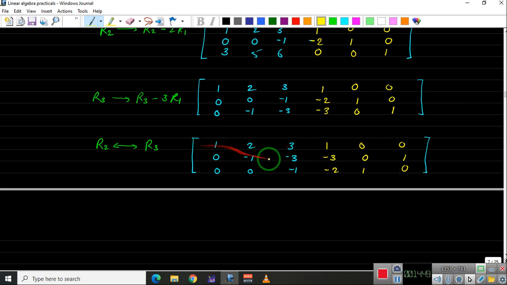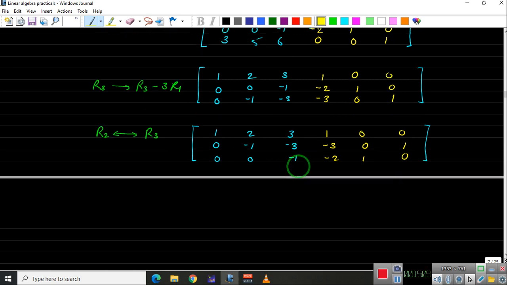Now what we need is to make this 1. To make this 1 we can multiply the second row by minus 1. Also we got a 1 here and minus 1 here, so we can multiply this third row also by minus 1. We can operate both the transformations together if we are not getting confused.